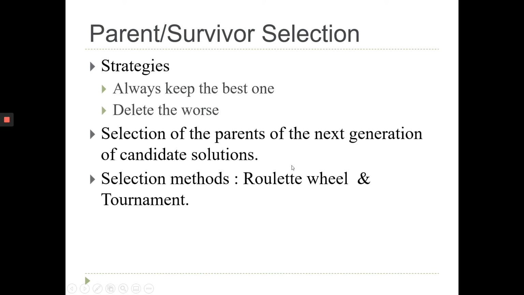You put a percentage for each solution, so a solution with a high percentage is more likely to be selected. Or tournament means you select the one with the best fitness function.